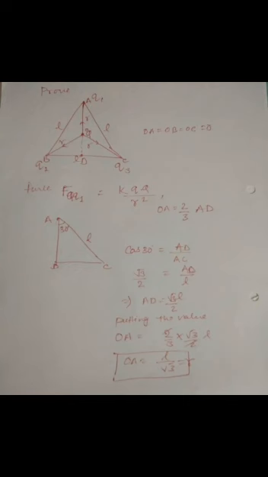So OA equals 2 by 3 cross root 3 by 2 L. The 2 cancels out, and if we break 3 into root 3 times root 3, then root 3 and root 3 cancel out. So it becomes L by root 3, which is the value of r.